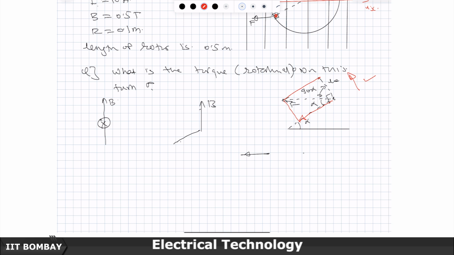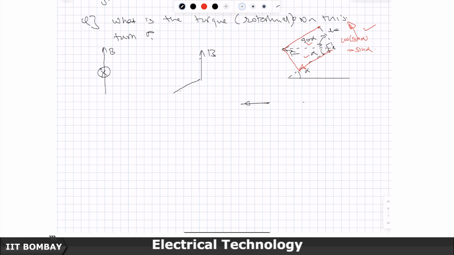For that, I said this angle is alpha, this angle is 90 minus alpha. So to take projection, you will take cos of 90 minus alpha, which will turn out to be equal to sin of alpha. So the force which is going to act on it is going to be J cross B, with unit Newton per meter cube. Usually you must have come across ILB.